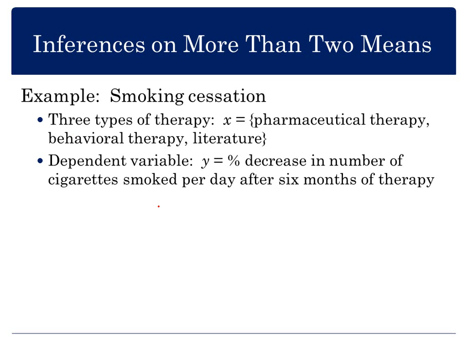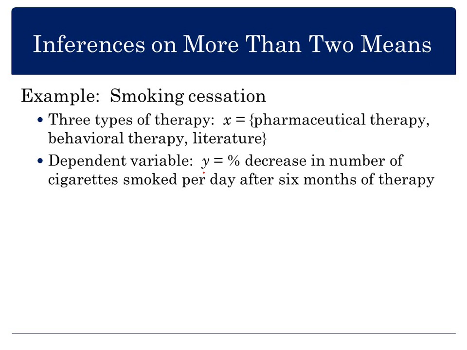Here's an example of smoking cessation, and then I'll stop after this for the sake of time, and we'll pick up here next time. I have three different types of therapy I'm interested in comparing. Drug, pharmaceutical therapy, a behavioral intervention, and then just literature. I'm going to randomly select subjects and then randomly assign them to one of these three groups with equal sample sizes.